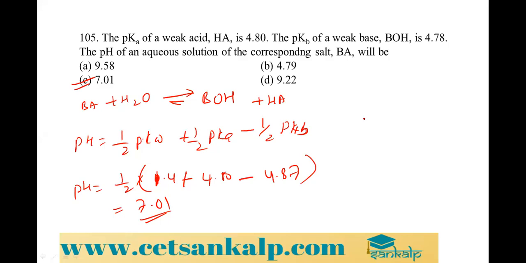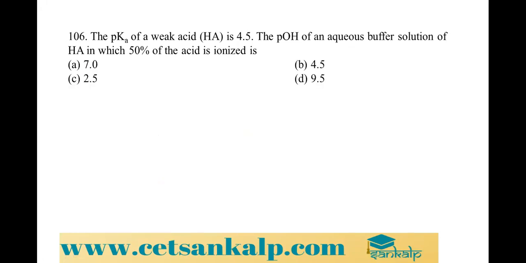So next, question number 106. Let's see now. The pKa of a weak acid HA is 4.5. Correct? The pOH of an aqueous buffer solution of HA in which 50% of the acid is ionized is, what they have asked is pOH, of an acidic buffer. So for an acidic buffer there are certain formulas.